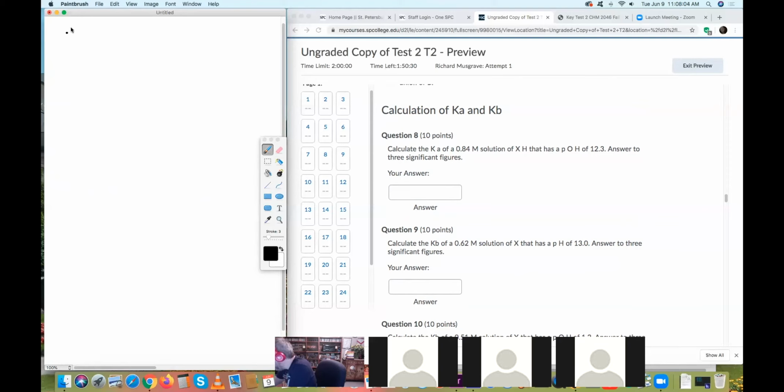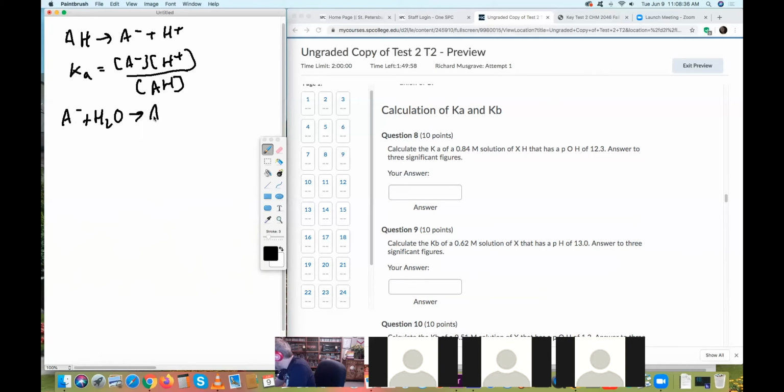So first of all, if we've got a compound AH, it's splitting into A minus and H plus, then we know that the Ka is going to be A minus H plus over AH. So it's something similar to what we did in test 1. We're writing out the K expressions. And this is what distinguishes Ka and Kb.